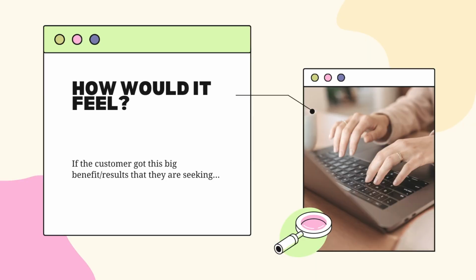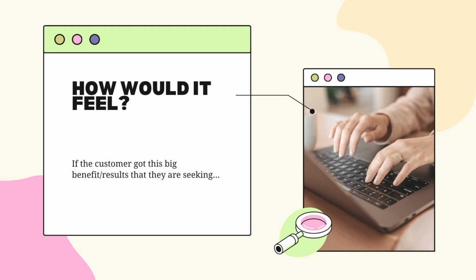Now, once you've captured their attention, you've stoked their desire a bit with a compelling story, you then want to paint the picture of how it would feel for this person if they got the result that they were looking for. This is a great place to use bullet points.